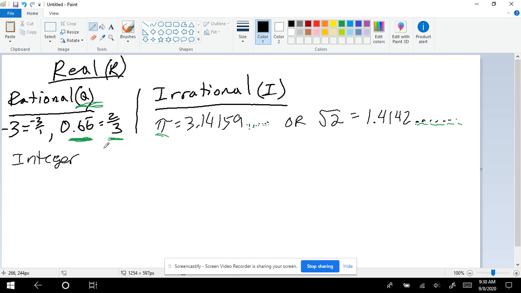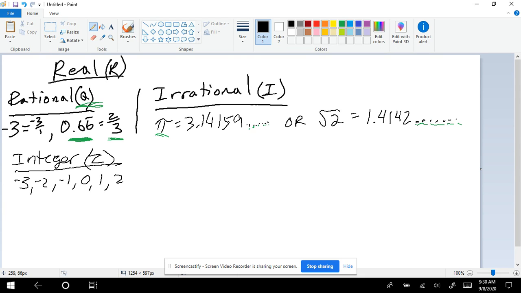And integer is represented, since I is already taken for irrational, with a Z. Integers are numbers that are the counting numbers, including negatives. So if we went -3, -2, -1, 0, 1, 2, and so on and so forth, all of those are called integers. Integers are also rational, and rational are also real.